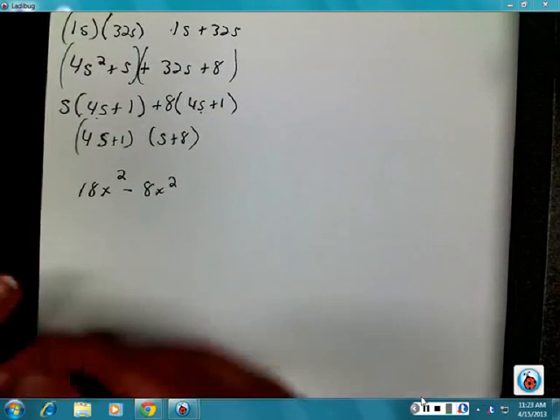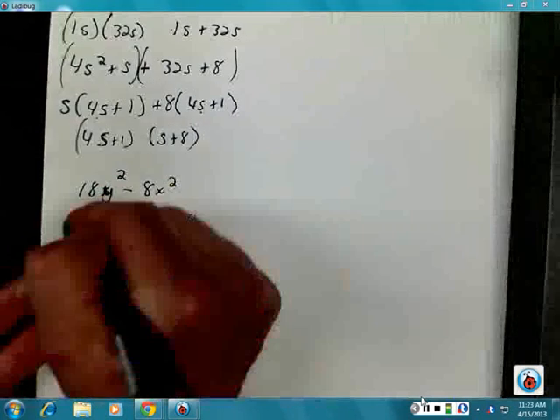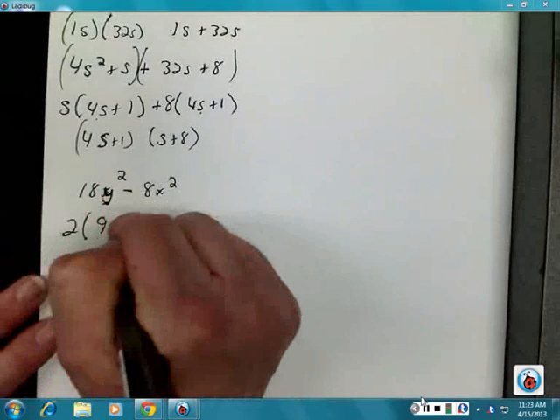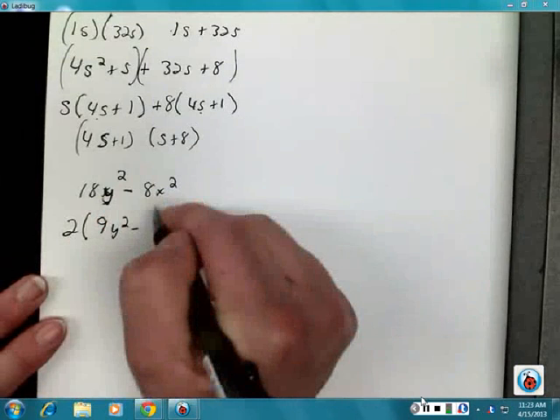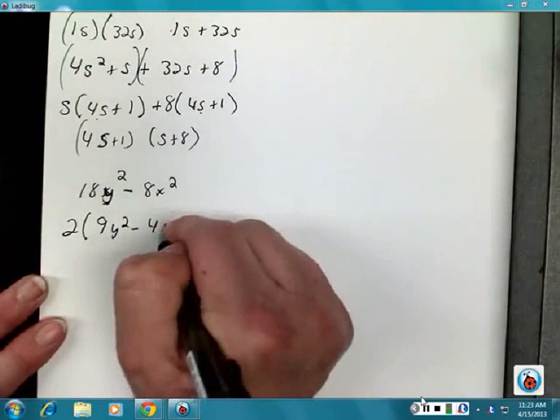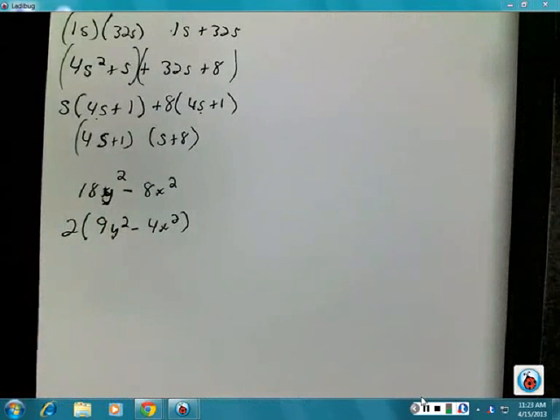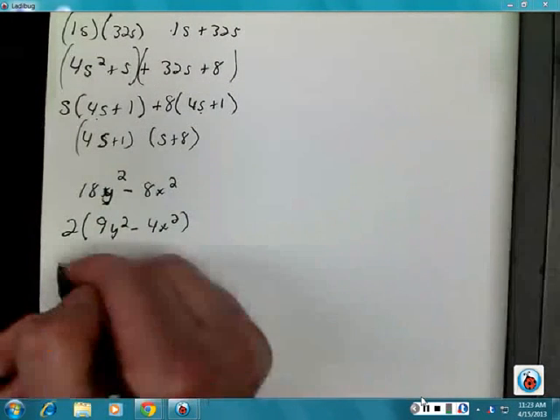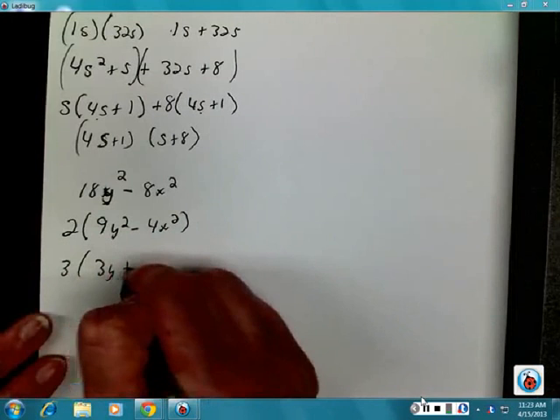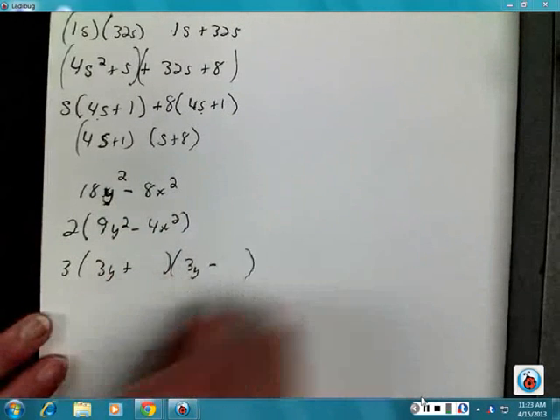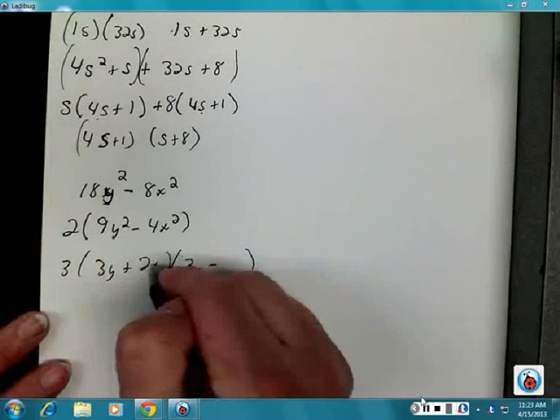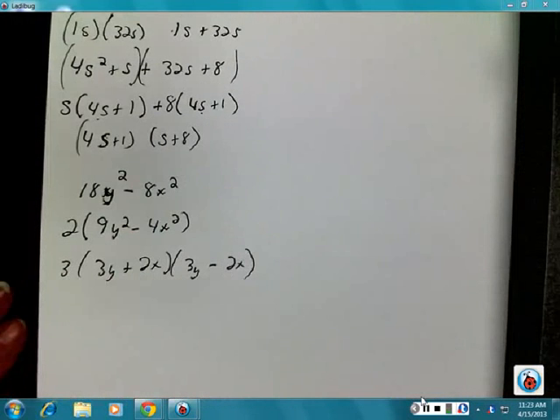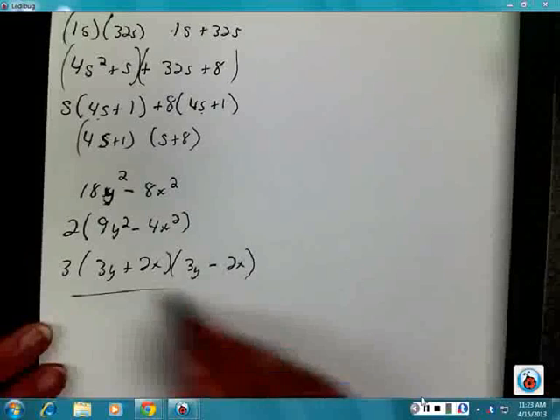This is a y. Pull out a 2? Leaves me with 9y squared minus 4x squared. I had to change that x to a y, because I can't have both be x squared. So it would be 3y minus 2x, and 3y plus 2x. Perfect. That's what you've got to have.